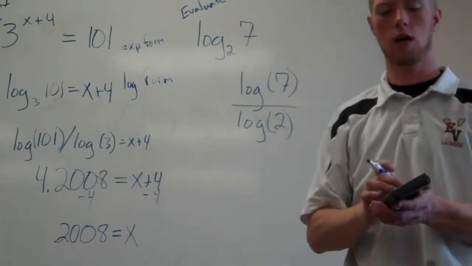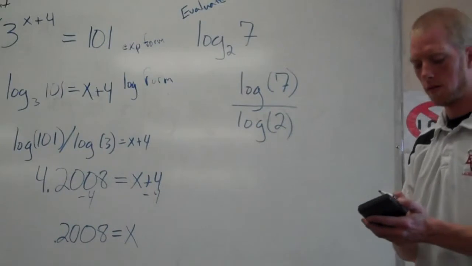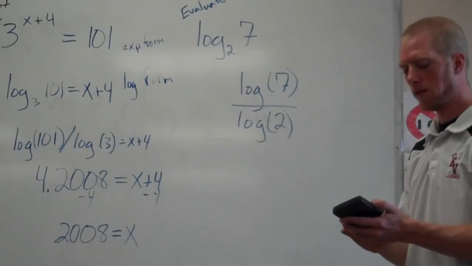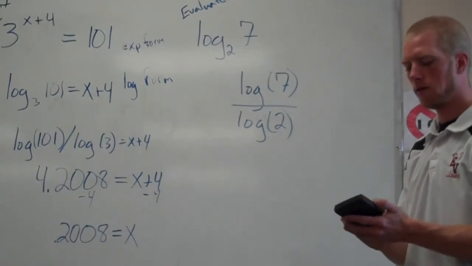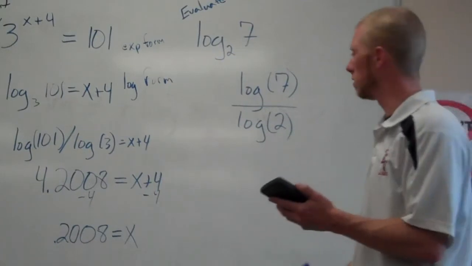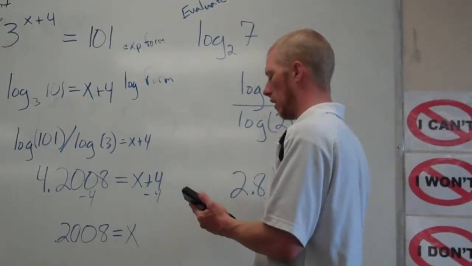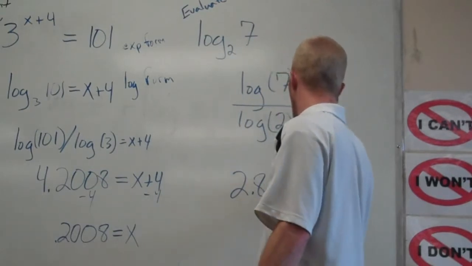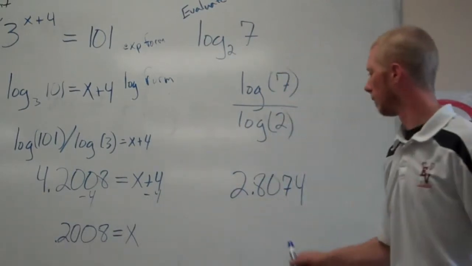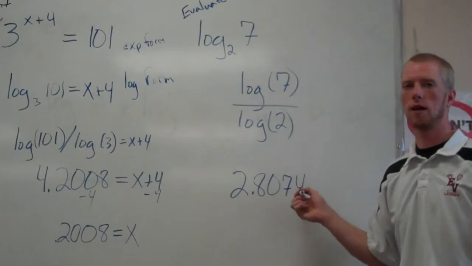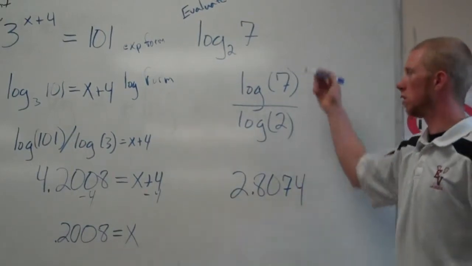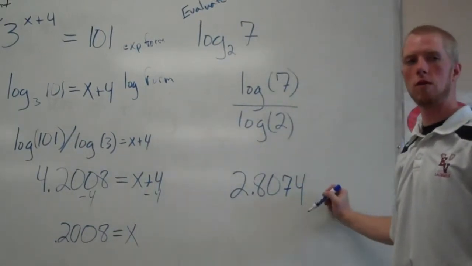Again, come to your calculator. Log of 7 divided by log of 2. 2.8074. And again, round to the ten thousandths place. This is very simple. This is stuff we've done before.